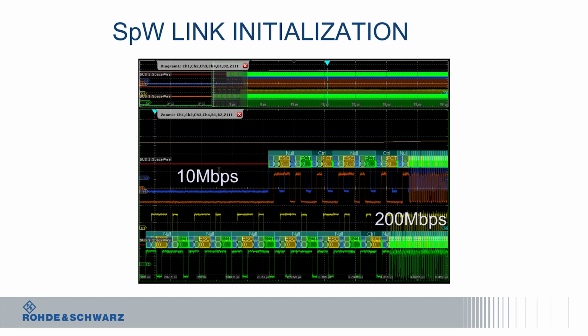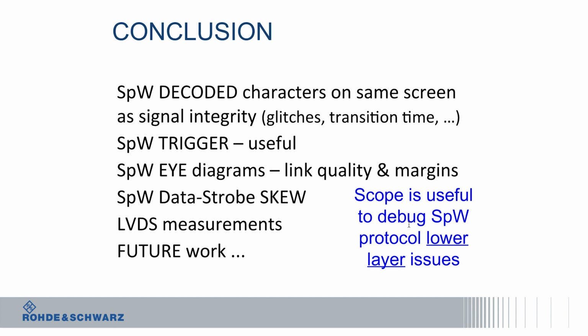So both sides were communicating at 10 megabits per second, and you can see the exchange of nulls and FCTs until it reached the run state, so you can switch to 200 megabits per second, and you can zoom at any place you want, and you can select exactly what causes the state machine to get into the run state, for example.